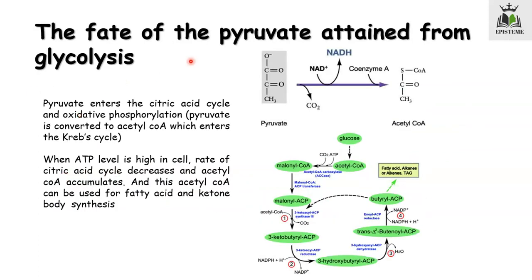Now we will discuss the fate of pyruvate. Pyruvate can enter the citric acid cycle and oxidative phosphorylation. Pyruvate gets converted to acetyl-CoA, and this acetyl-CoA enters the citric acid cycle. Whenever the ATP level is high in the cell, the rate of the citric acid cycle decreases and acetyl-CoA accumulates, because the citric acid cycle is also an energy producing cycle.